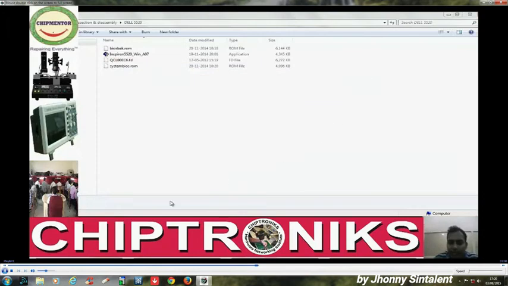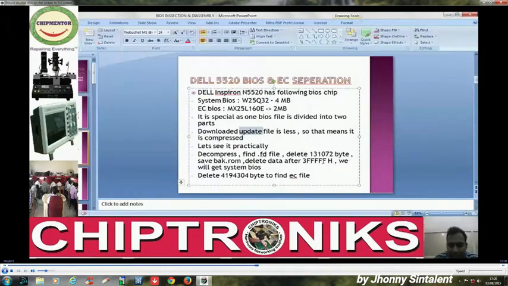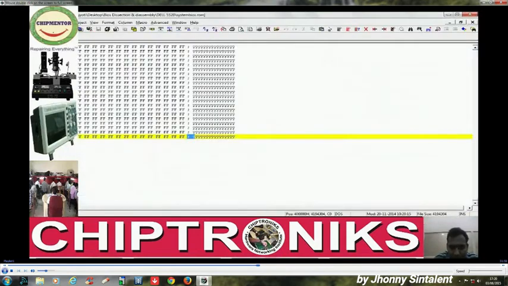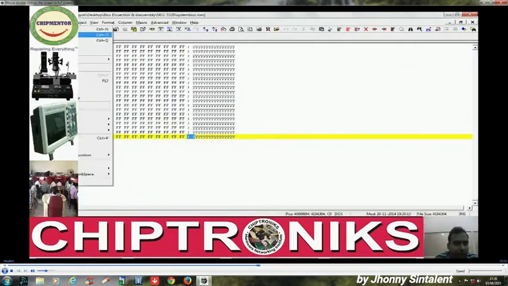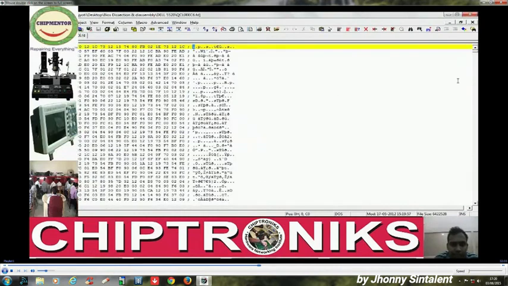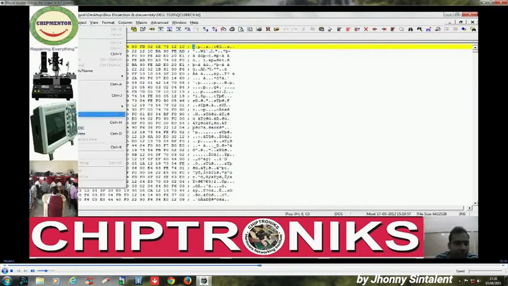Now what we'll do is we have to extract the EC file. So we'll open again our UltraEdit, and we'll open again our file.fd, and we'll delete the 4 MB data.